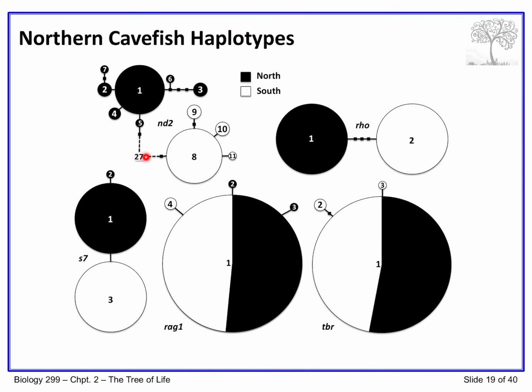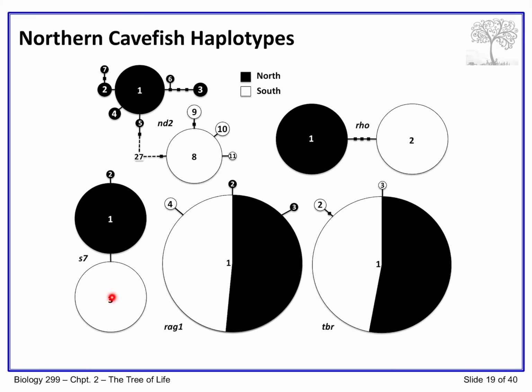So we can back calculate how long it must have taken for those 27 mutational differences to develop between the gene in Indiana and in Kentucky. And it turns out that date coincides with when geologists tell us the Ohio River formed, about 1 million years ago. So this is a rapidly evolving gene, a mitochondrial gene. That's why you have so many mutational steps between the Indiana and Kentucky populations.